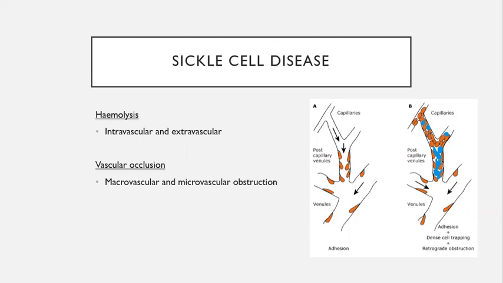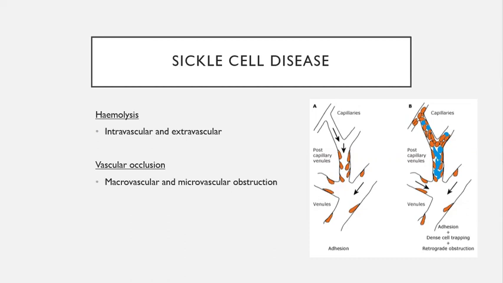Regarding vascular occlusion, it was previously thought to occur because of the sticky, inflexible hemoglobin molecule, but new evidence has since come out to say that it occurs due to a complex interaction between the sickle cell and the vascular endothelium, resulting in endothelial damage, vasoconstriction and inflammation, and subsequent trapping of denser cells. This is illustrated beautifully in the diagram on the screen.